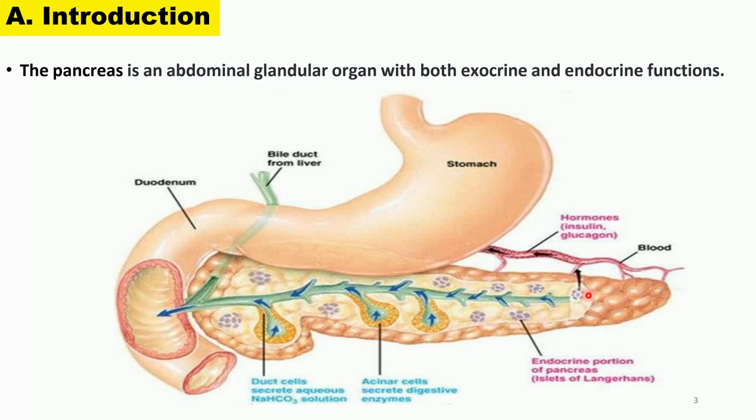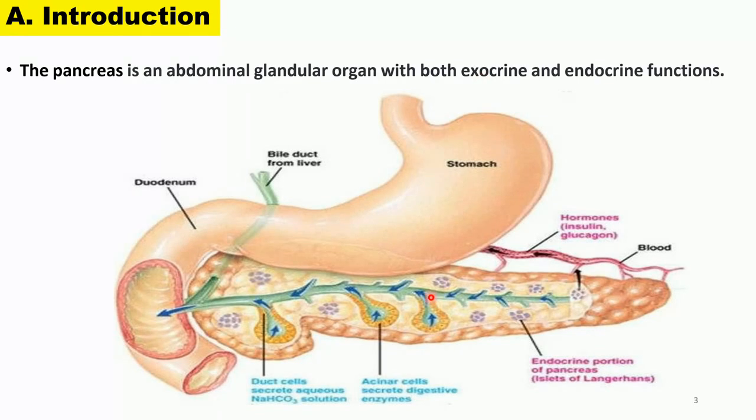So insulin, glucagon, and other hormones are produced to help in the regulation of blood sugar levels. Then it has an exocrine component. By definition, exocrine glands are glands that empty their secretions into ducts.